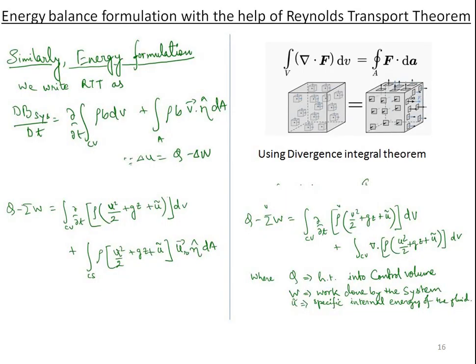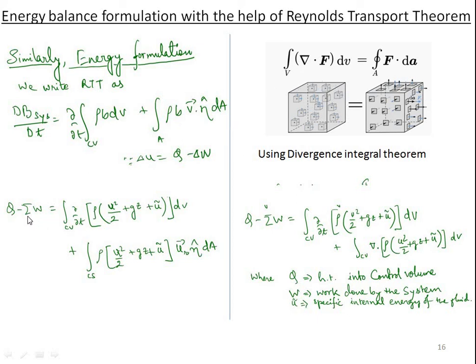Similarly, we can also formulate the energy balance equation with the help of the Reynolds Transport Theorem, as discussed in this slide. We apply the divergence integral theorem, as we are familiar with in equation number 1. We write the Reynolds Transport Theorem, then we convert the area integral into a volume integral with the help of the divergence integral theorem.